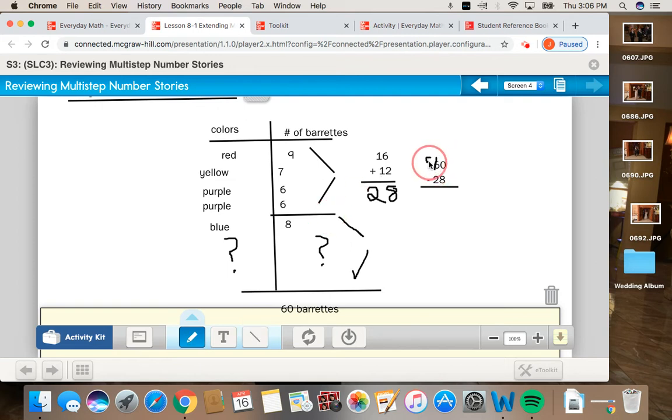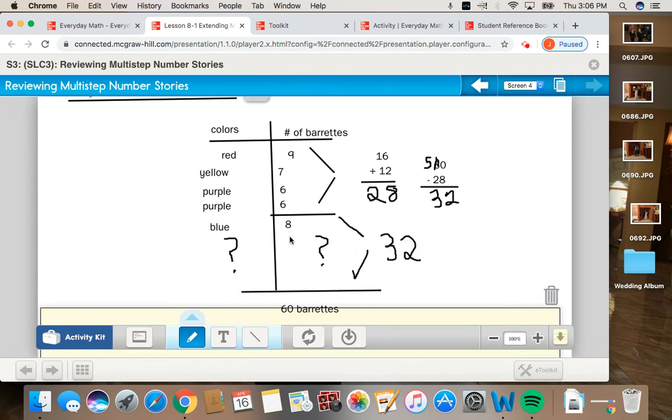Now I have 5 tens left, and I end up with 10 minus 8 is 2. 5 minus 2 is 3, which means down here, I need to have 32. This needs to be 32.